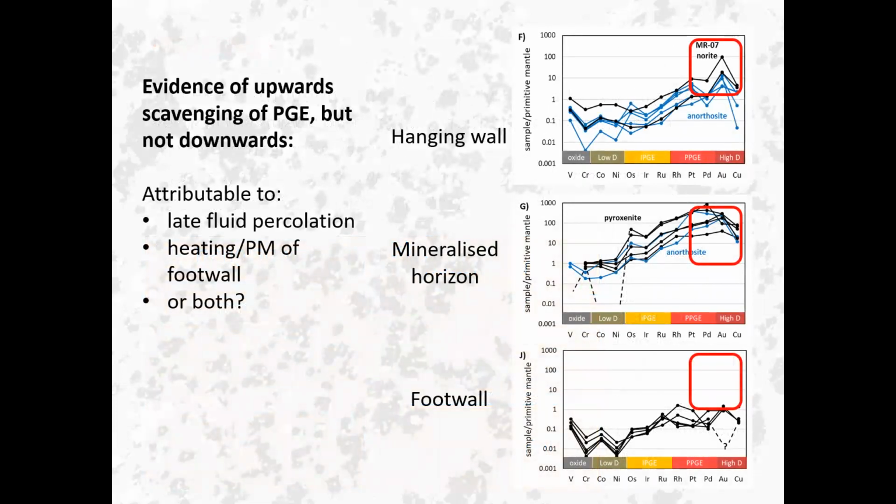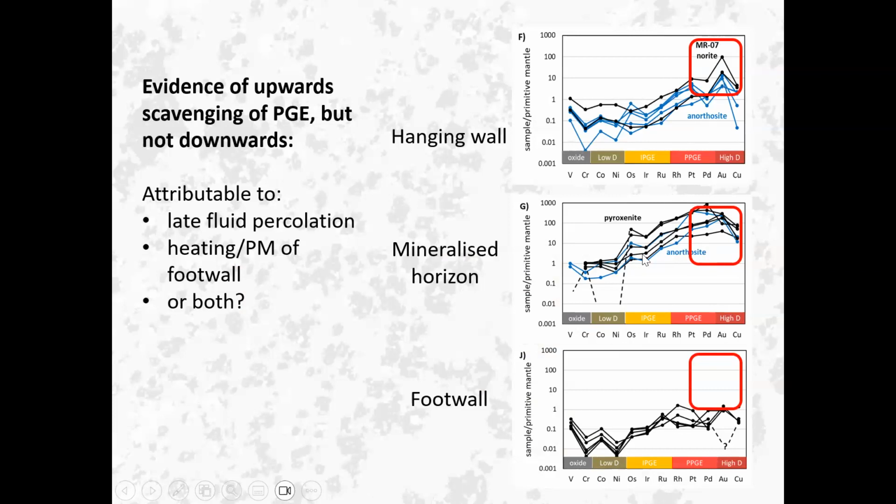Okay, so another interesting feature is that it appears that the PPGE have been removed from the footwall rocks in these sections. And this example shows this nicely. So in the hanging wall leucocratic rocks, we see the sort of normal sulfide controlled looking PPGE patterns.